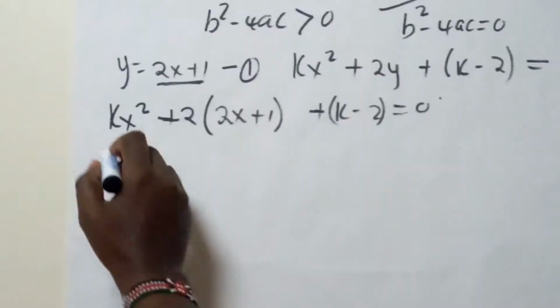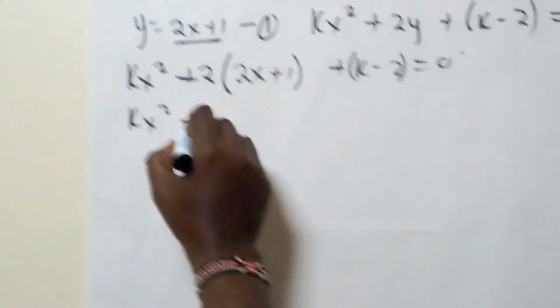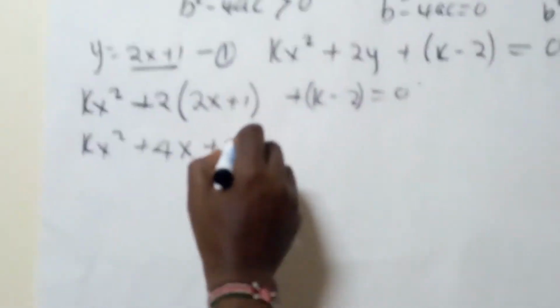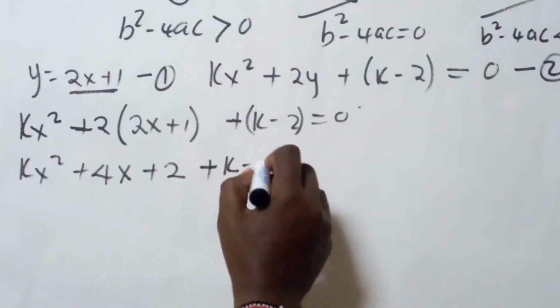We open brackets, and you have kx squared plus 4x plus 2 plus k minus 2.